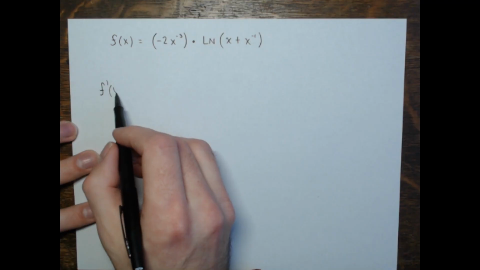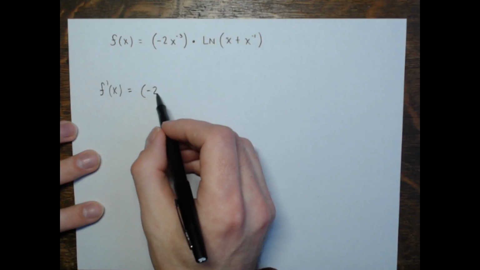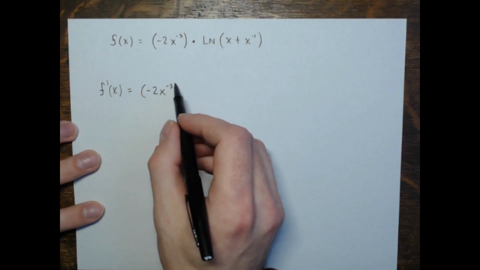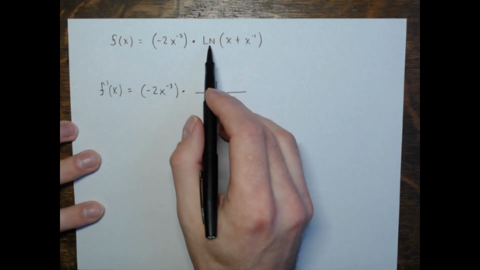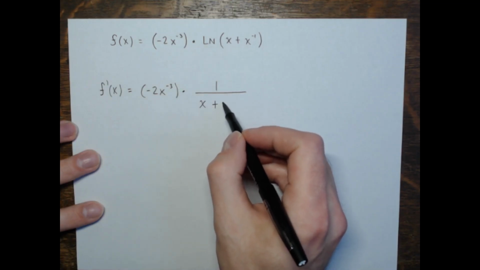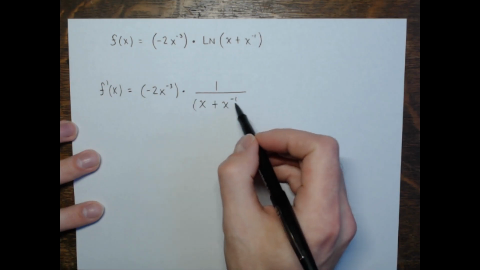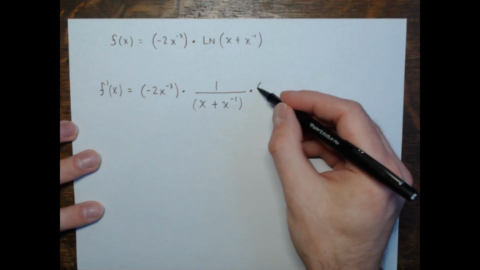So f prime, leave the first factor the way it is, so negative 2 times x to the negative 3, then times, remember, the derivative of the natural log of something is 1 over that thing, but then times the derivative of the thing inside, right? I keep going, the chain rule here.